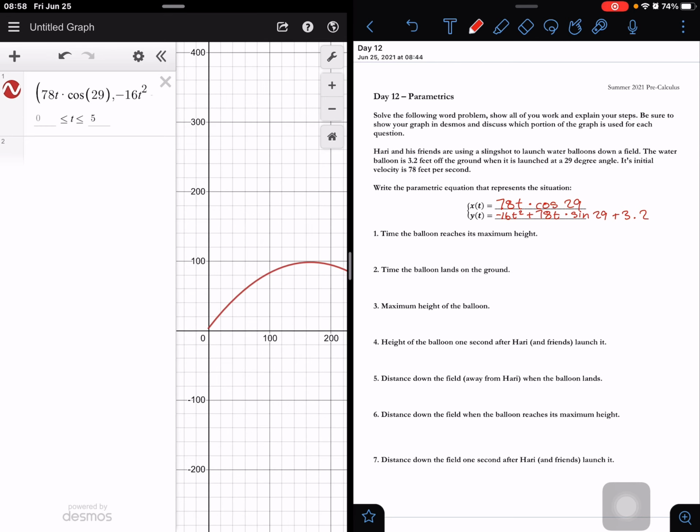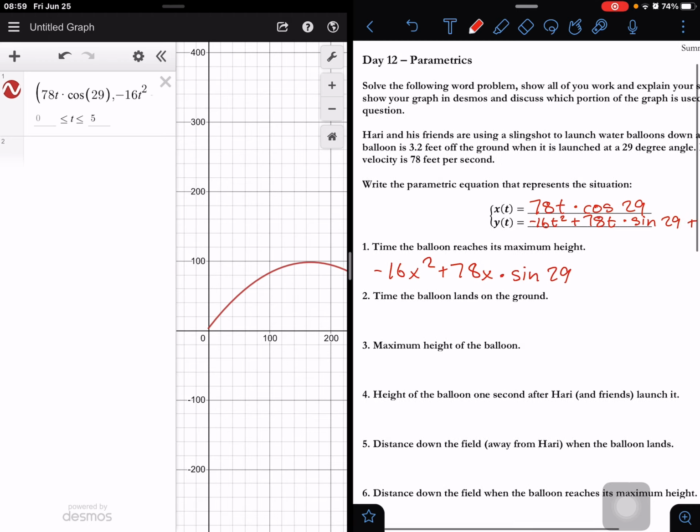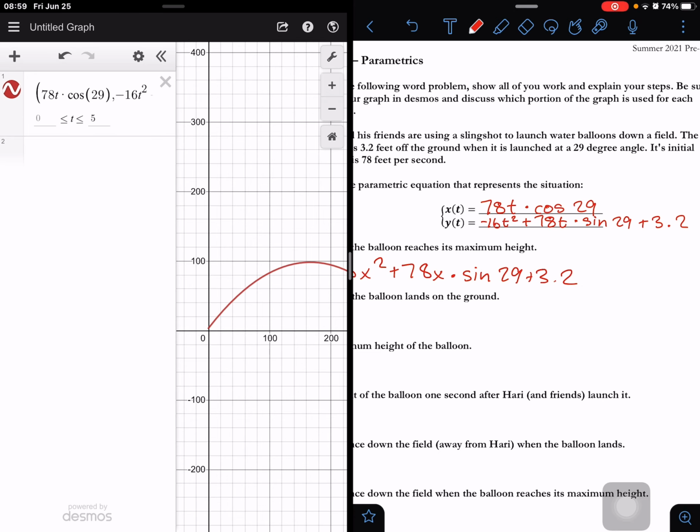Basically, we have to look at the time the balloon reaches its maximum height. In order to do that, we replace the t's in this y equation with x's so we can solve for that. So this would be -16x squared plus 78x times sine of 29 plus 3.2.